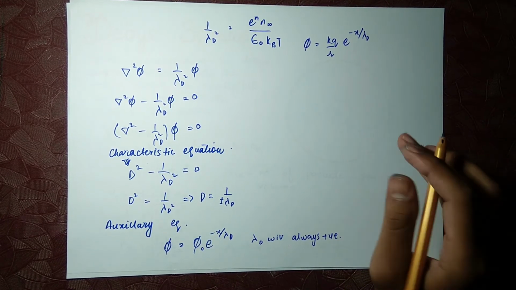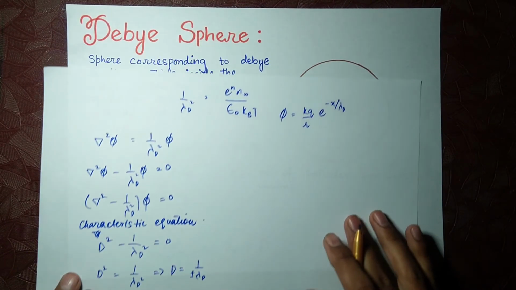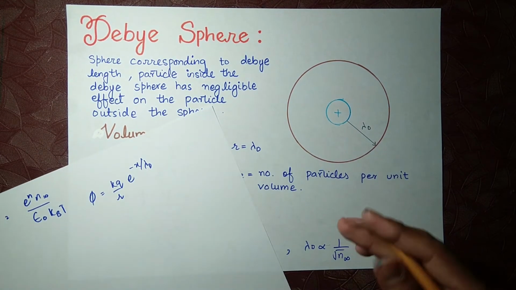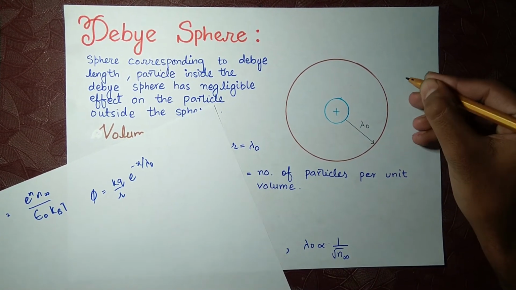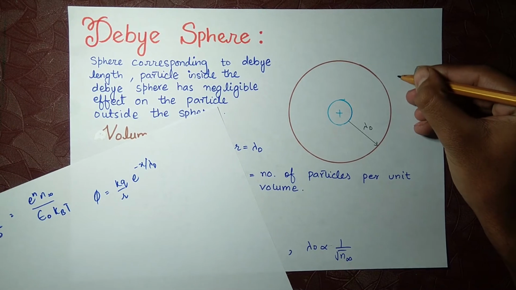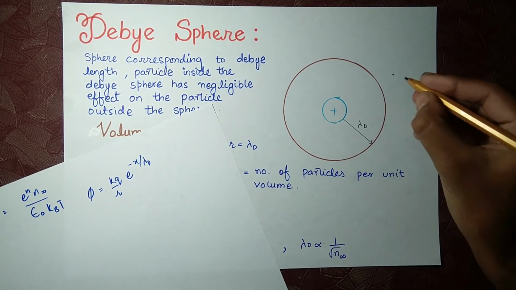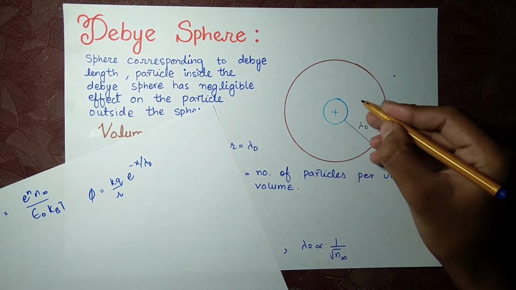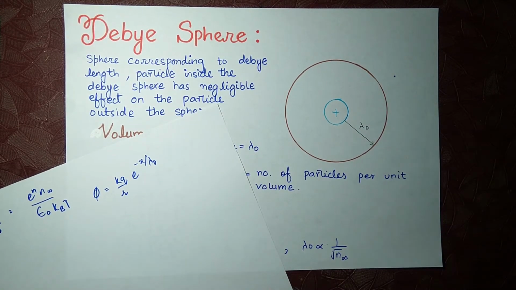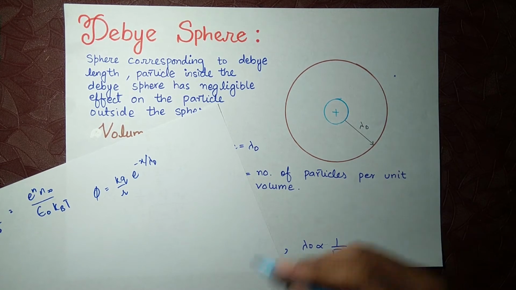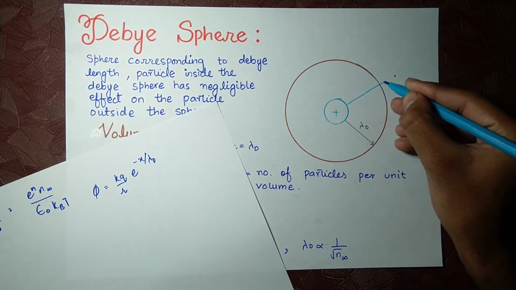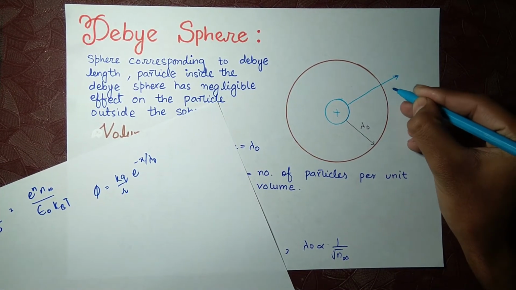So let's say we have our first case, when this particle is here, and let's say here it is x.